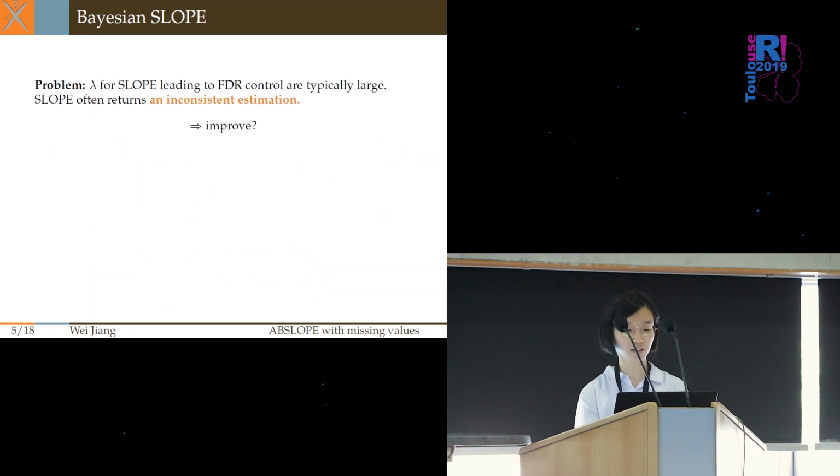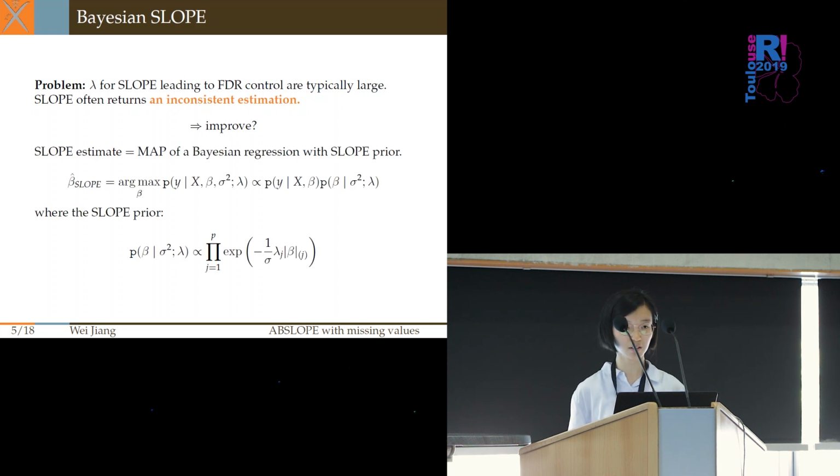However, the lambda BH sequence for SLOPE leading to FDR control is typically very large, so SLOPE often returns an inconsistent estimation. How can we improve the estimation in SLOPE? First, we consider modelling in a Bayesian framework with a specific prior, the SLOPE prior, also involving the sorted L1 term.